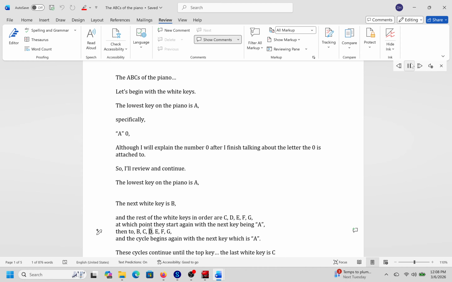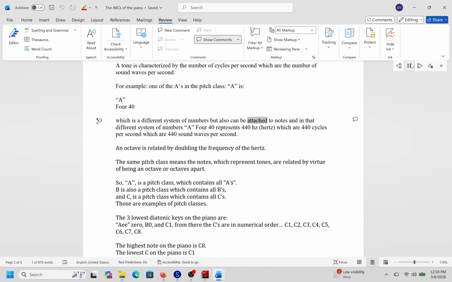For example, one of the A's in the pitch class A is A440, which is a different system of numbers, but also can be attached to notes, and in that different system of numbers, A440 represents 440 hertz, which are 440 cycles per second, which are 440 sound waves per second. An octave is related by doubling the frequency of the hertz.